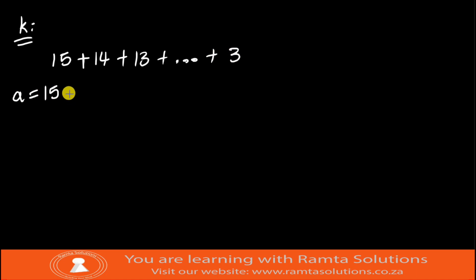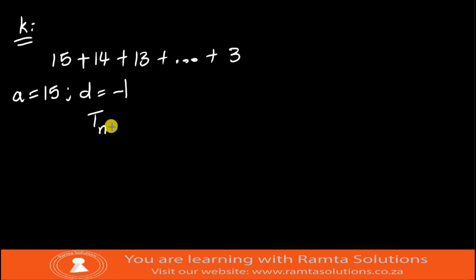For the k, looking at the exponents, we have 15 plus 14 plus 13 plus and so on until 3, right? As you can see, the first term is 15. The common difference is minus 1.